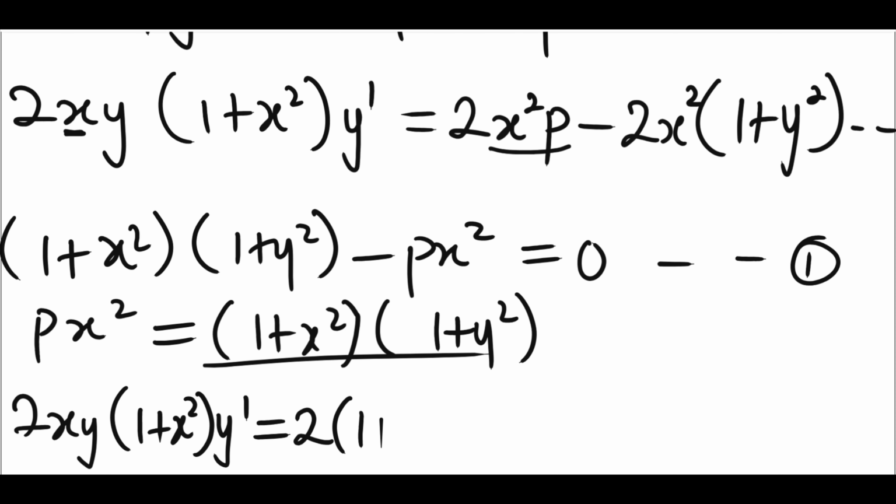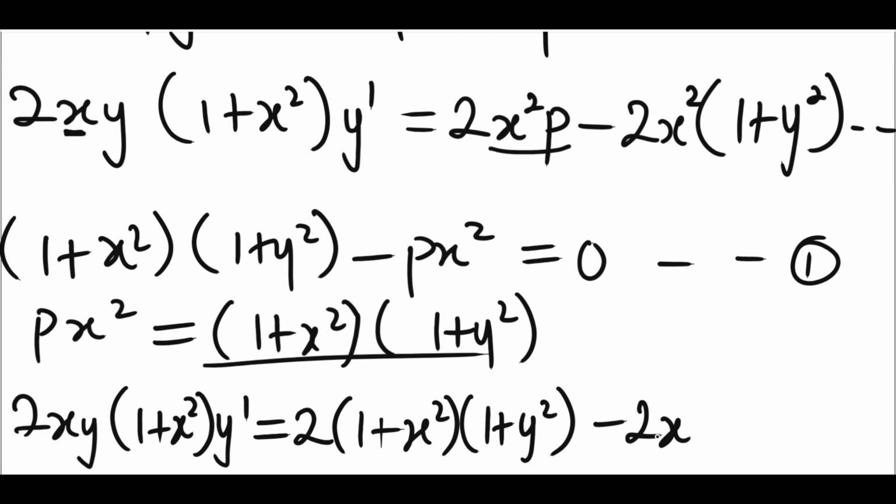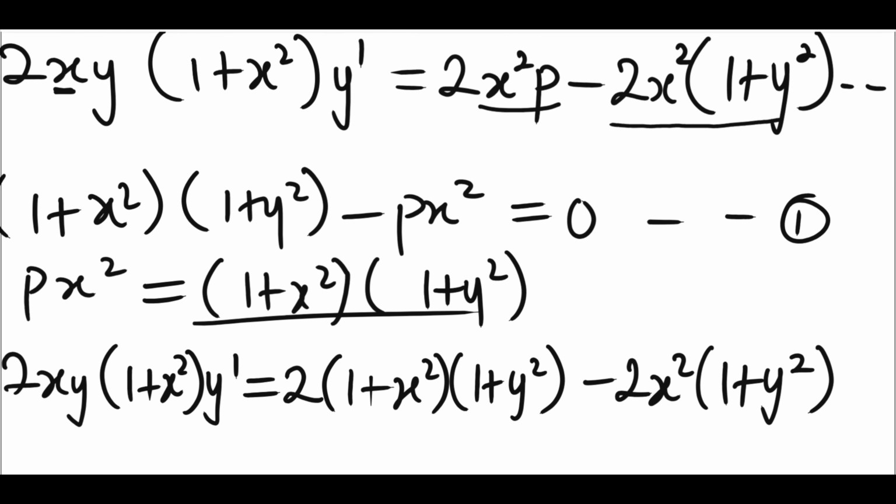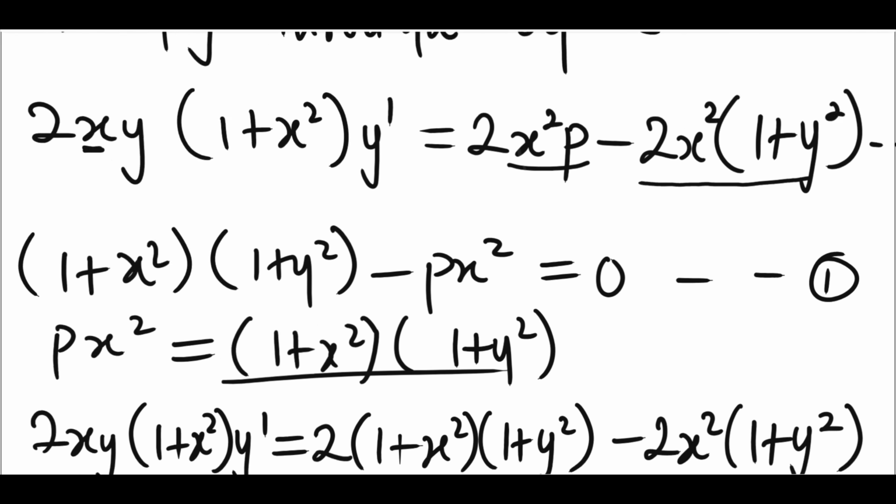So we have 1 plus x squared multiplying 1 plus y squared. Alright. Then minus 2x squared also multiply 1 plus y squared. Alright. So let's continue.